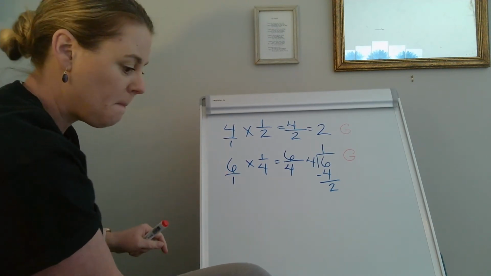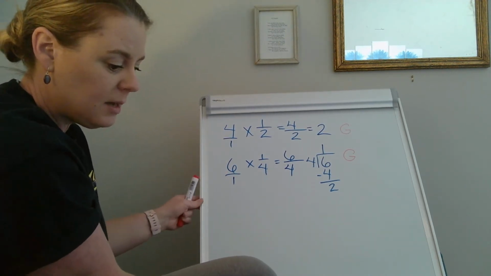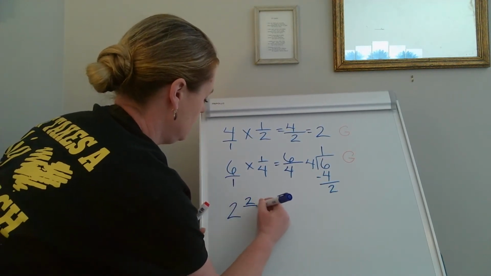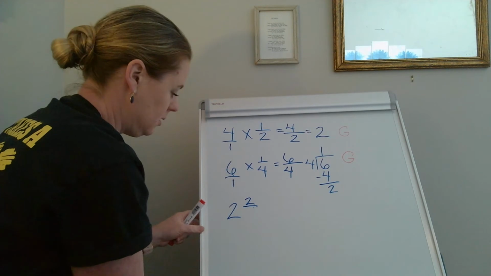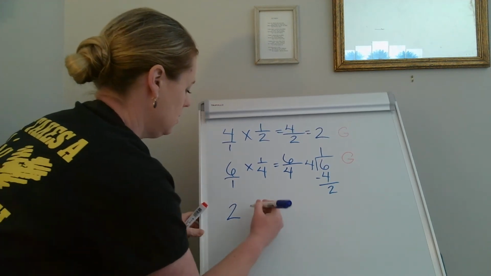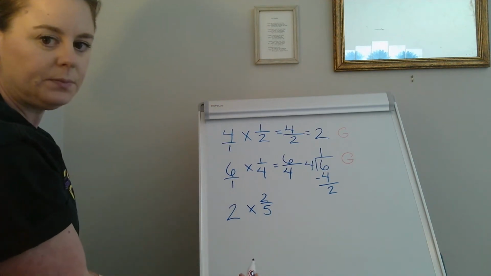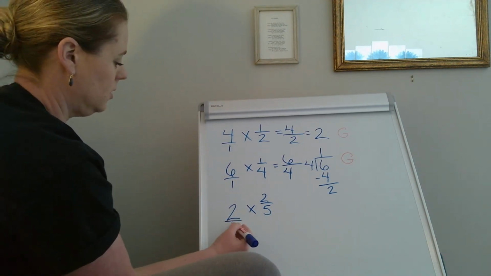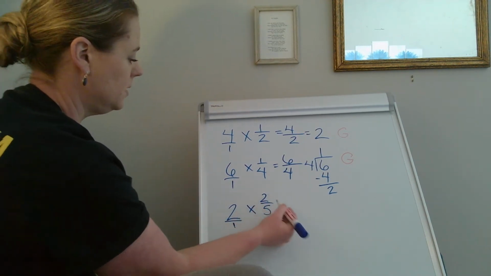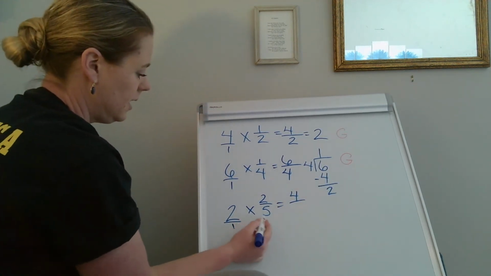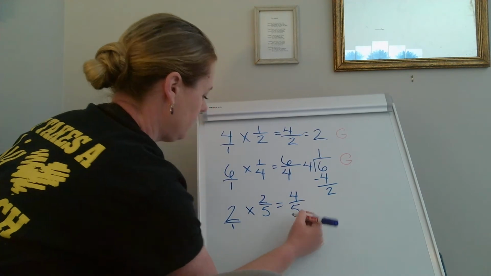Okay? So 2 times 2/5. 2 times 2/5, not 2 and 2/5. 2 is over 1. 2 times 2 is 4. 1 times 5 is 5.